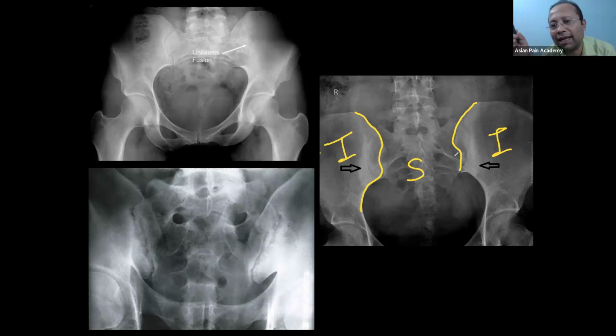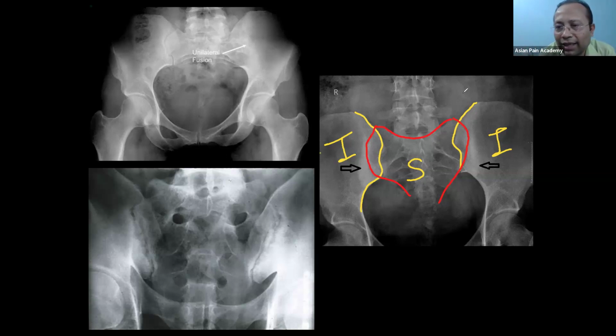So where is the sacrum then? What is the sacral border? The sacrum is anteriorly placed, and posteriorly, this is the ilium. But do you think that the whole thing is joint?